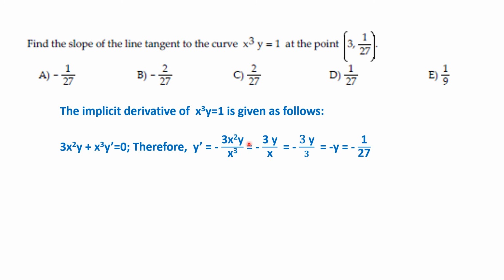We will end up with negative 3y divided by x. If we replace x by 3, we get 3 on the numerator and 3 on the denominator, and that will cancel the 3, and the answer will be negative y, but negative y is equal to negative 1 over 27. So in this case, the correct answer is A. The correct answer is A.